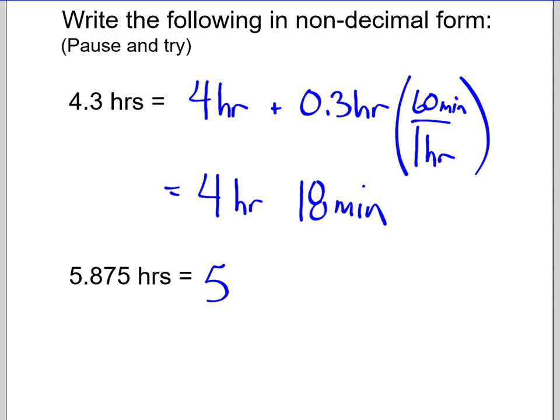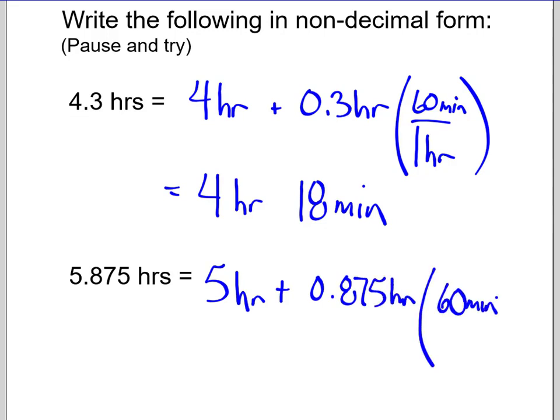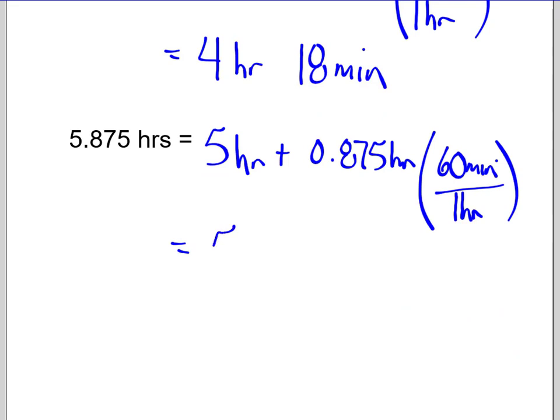5.875, we'll do very similar. 5 hours, and then we're going to take the 0.875 hours and convert it. And then we just take the 0.875, assuming I can punch it in right, times 60, and we come up with 52.5 minutes.